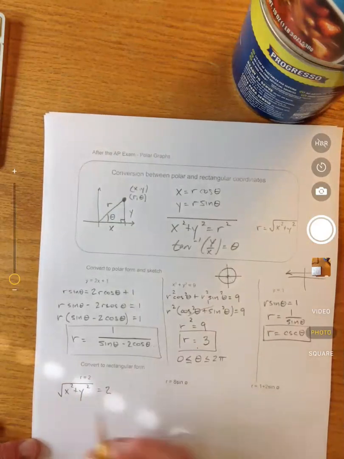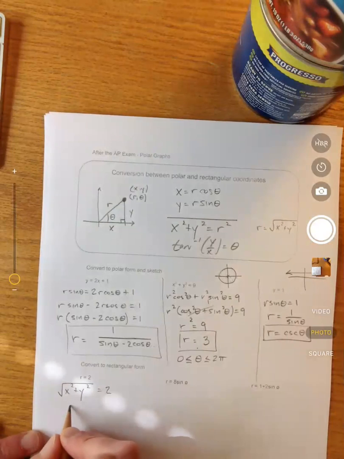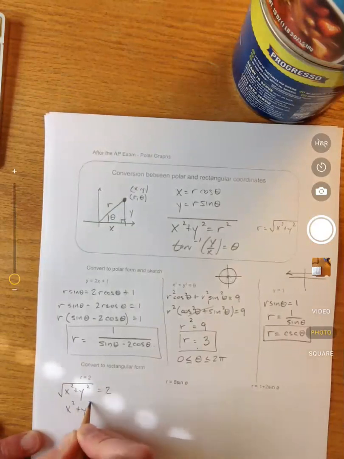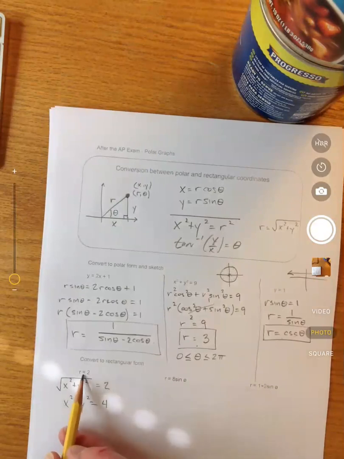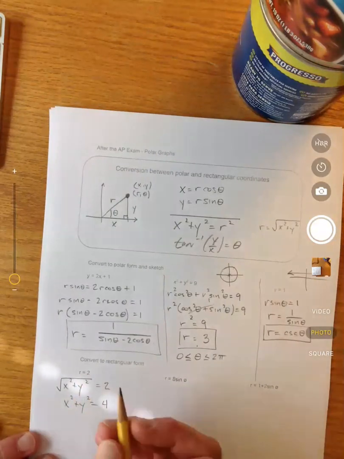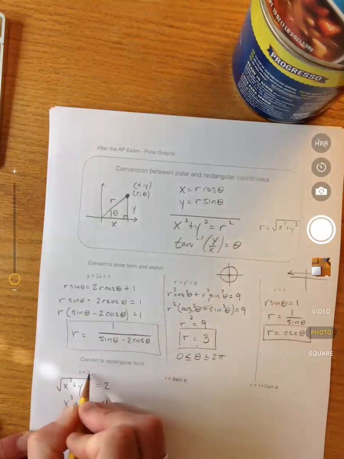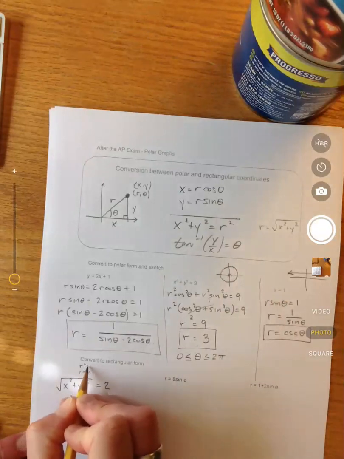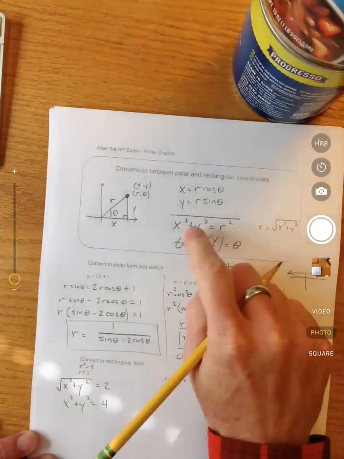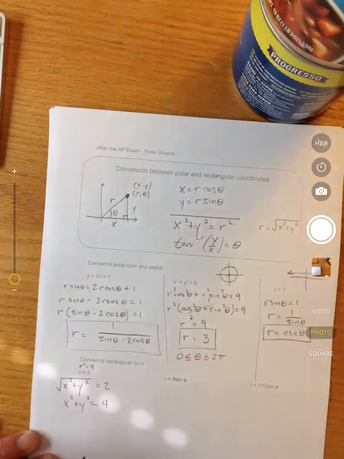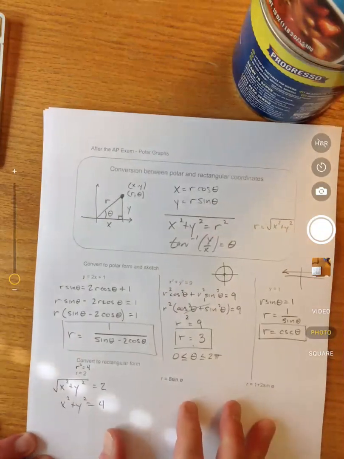At this point I probably want to square both sides just to get rid of that big square root. Hopefully you recognize, just like Danny did earlier, that this is the standard form of an equation of a circle centered at 0, 0 with a radius of 2. Obviously we saw that a second ago. Sometimes what you might want to do is say that if r equals 2, then r squared must be equal to 4, and then just replace r squared with x squared plus y squared, and you would get that automatically. So that's one way to do that.